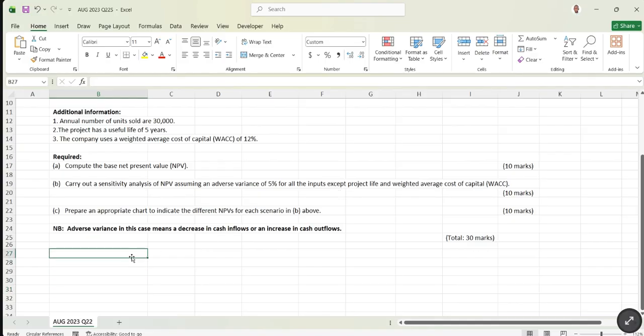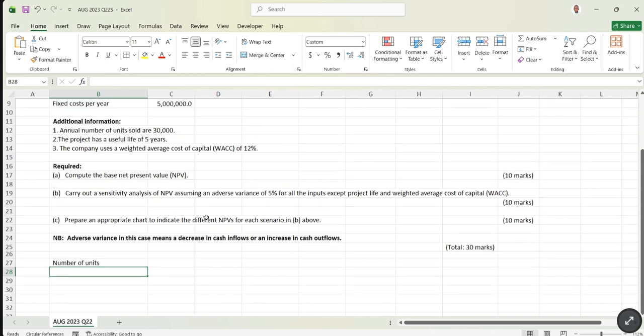So in this case, we will have several variables. We will have number of units as a variable. Then we will have project life. Are we affecting that? No, that one should remain the way it is. Then what else is changing?